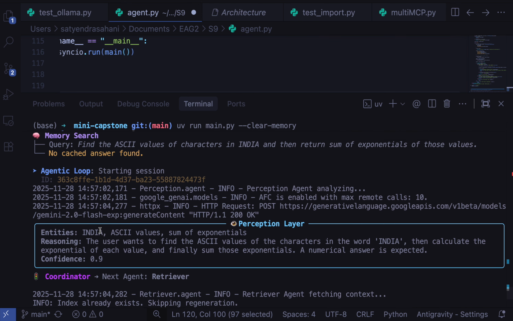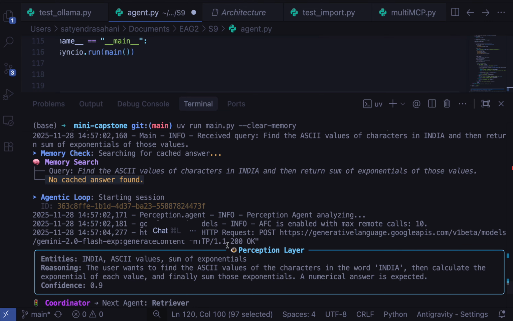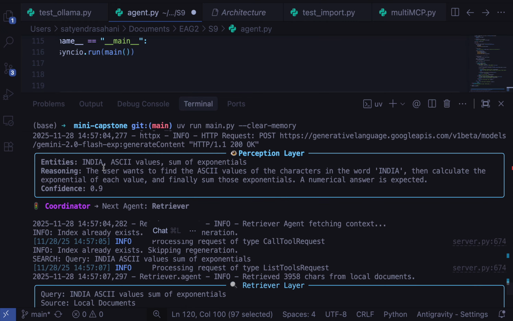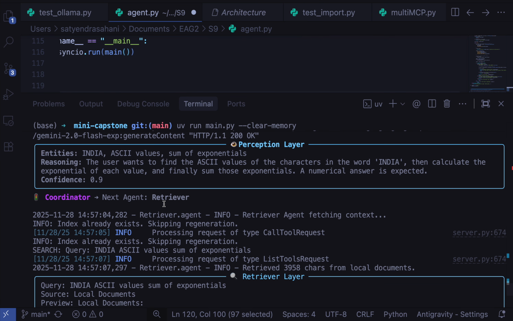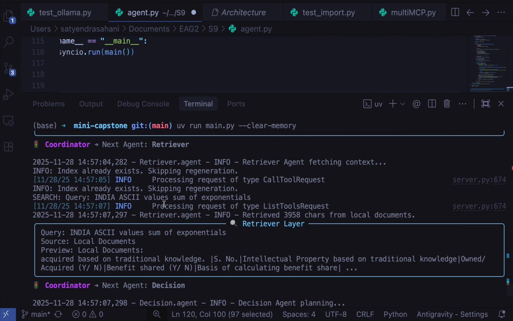See what exactly is happening: it first did the memory search and it says that no cache was found, and then it moved into the perception layer. The perception layer said that it's asking about India, ASCII, some exponential, and then it goes to the retriever. The retriever tried to search, but it's a calculation, so it does not have anything.